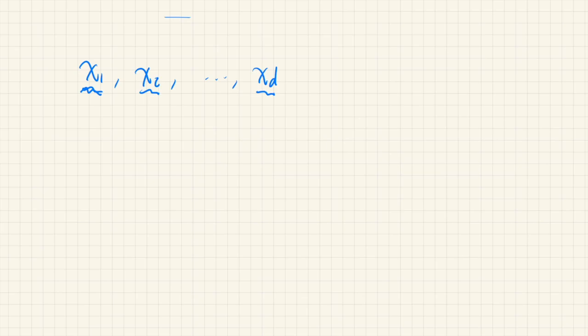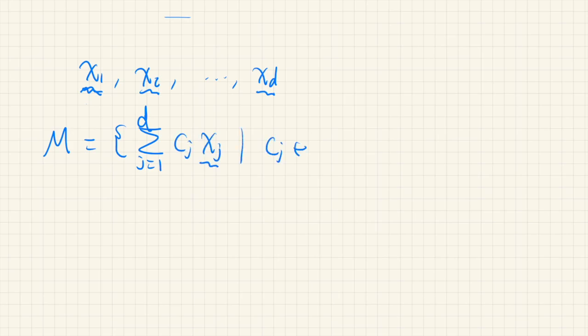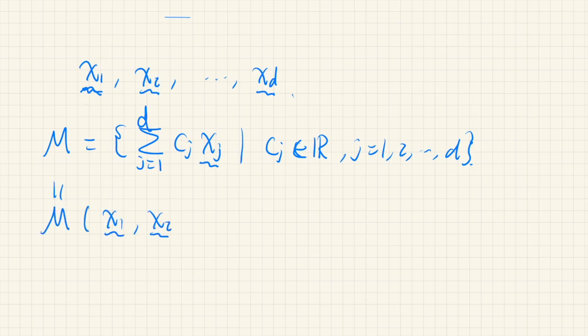Okay, so now consider this set M, which is made of all possible linear combinations of these vectors, the sum over j from 1 to d of cj xj. Each cj is a real number. So this is the set of all vectors that can be represented as a linear combination of these d vectors. So in this sense, we also write M of x1, x2, and so on.